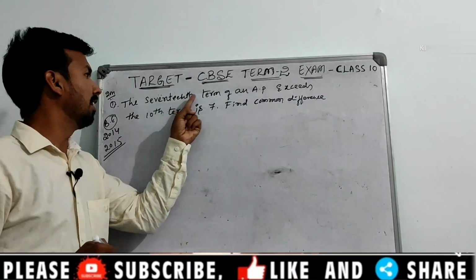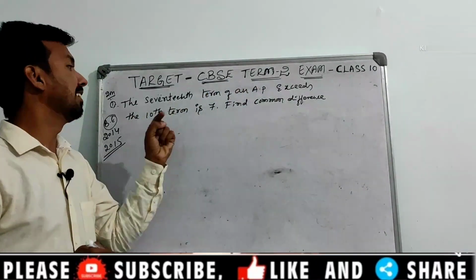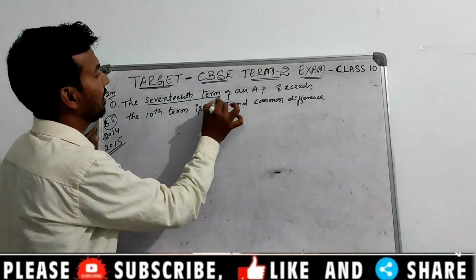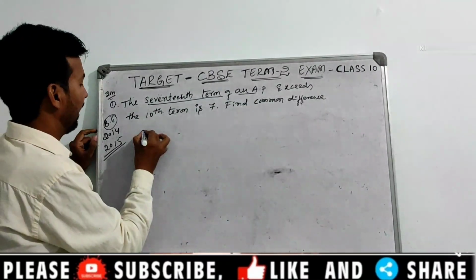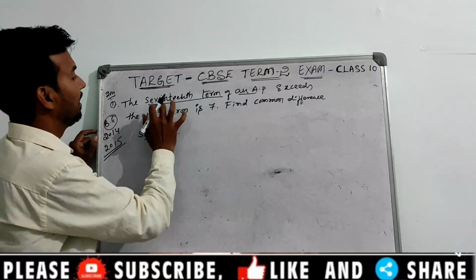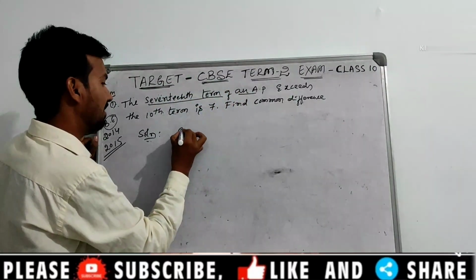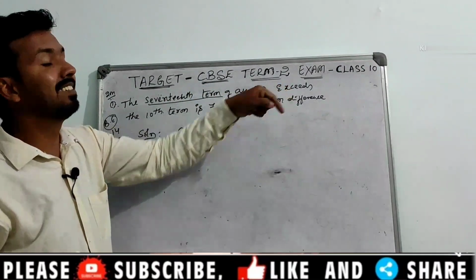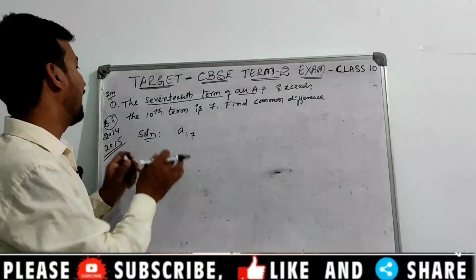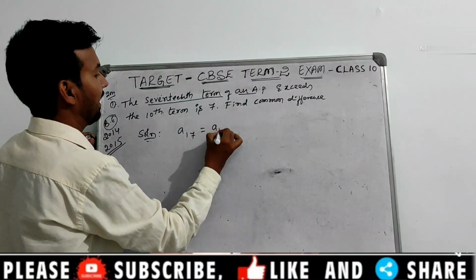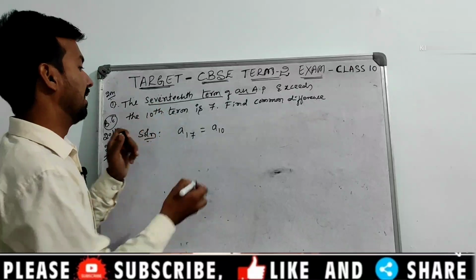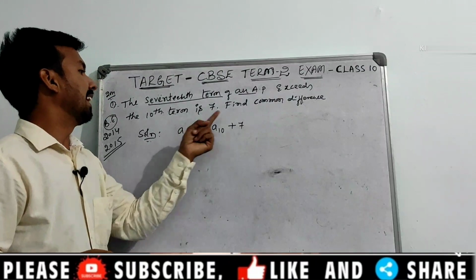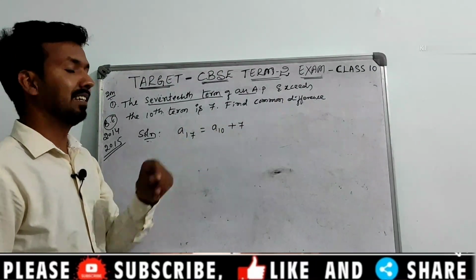The 17th term of an AP exceeds the 10th term by 7. The 17th term of an AP is written as A17, and the 10th term A10. How much does it exceed? By 7. Find the common difference.